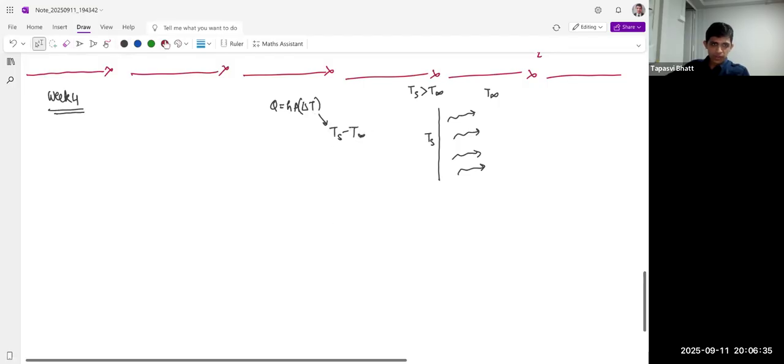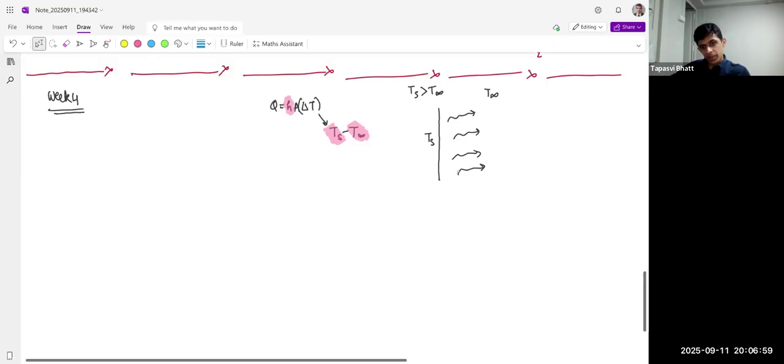Do you have control over Ts? No. Do you have control over T infinity? No. Do you have control over H? Actually, we don't, because H is dependent on the medium which is there.